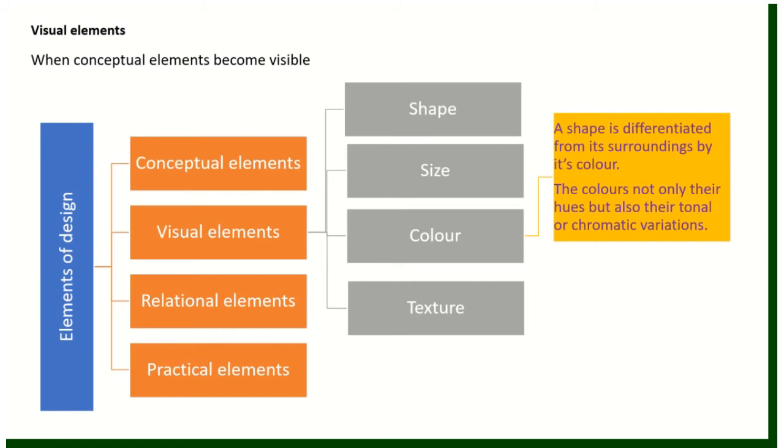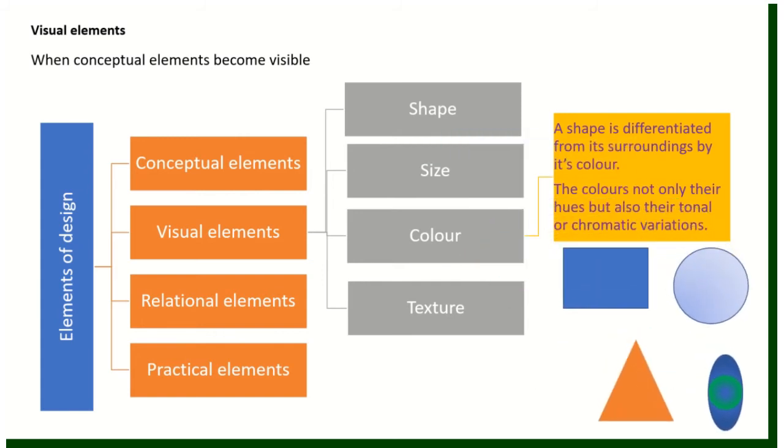If we see these colors, this square is differentiated with blue color. And here, if you see this circle, it has a tonal color with some white color gradient, and here it is some orange color. Some chromatic variation in the color is represented here.